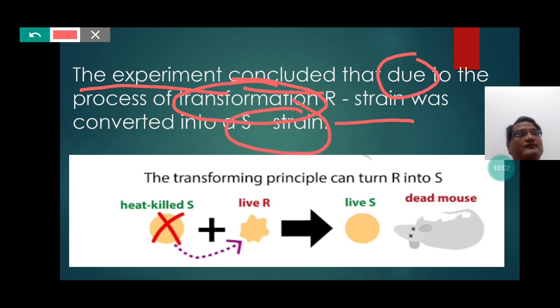So students, the experiment of Griffith further proved that the non-virulent strain of Streptococcus pneumonia also got converted.